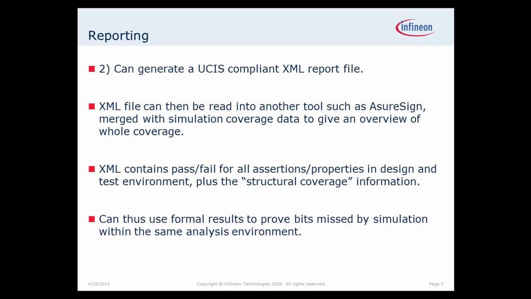What you can do here is run your random simulations, get your structural and functional coverage results out of that, get your simulation coverage data from OneSpin as well as the property pass-fails all in multiple UCIS compliant files, load them into a tool such as SureSign, so you can then have all your coverage in one place.